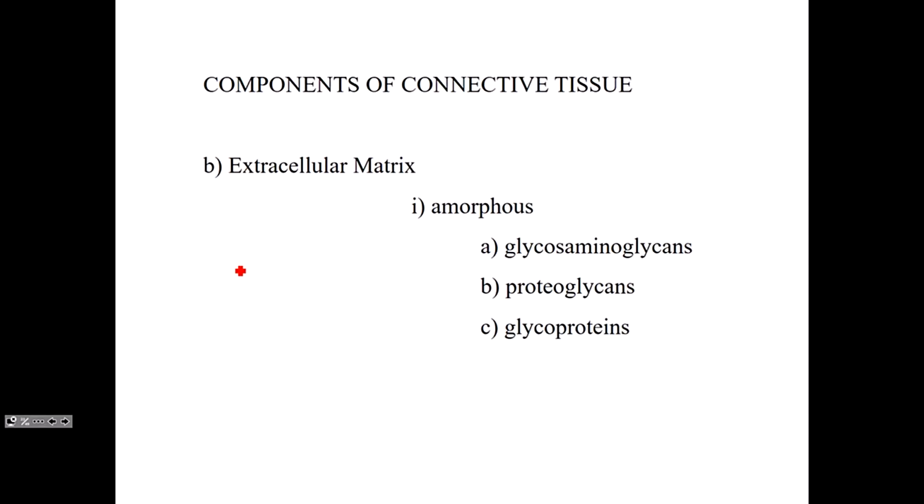And the amorphous components come in three different classifications. There are glycosaminoglycans, which are basically disaccharide amino-containing sugar residues linked in a long linear chain. So basically they're sugars. Then there's proteoglycans, which are a combination of proteins and the glycan being glycosaminoglycans attached. And glycoproteins, which is mostly protein with some disaccharide residues which are branched. So the glycosaminoglycans are unbranched, they're long linear chains.